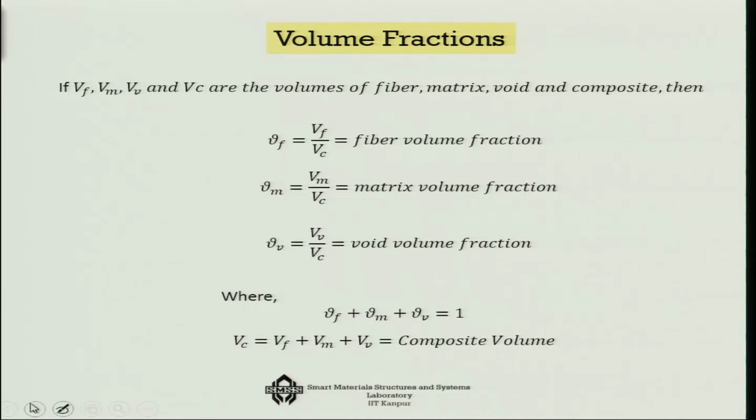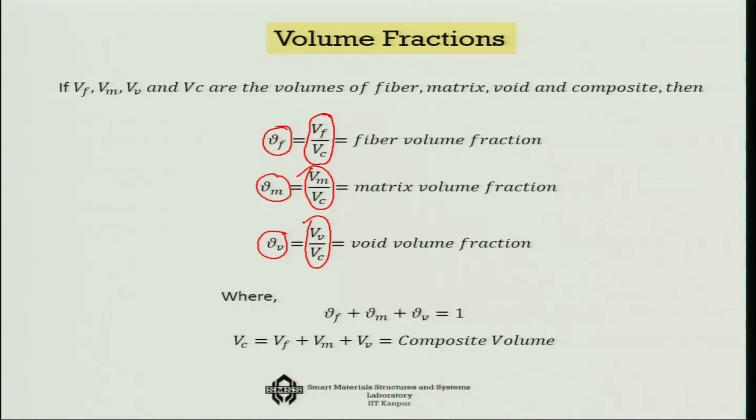Now the most important things, three important things in fiber matrix composites, are the fiber volume fraction, which is the ratio of the volume of the fiber to the volume of the composite, Vf. So this is the fiber volume fraction. Then Vm, which is Vm over Vc, and Vv, voids, which is Vv over Vc.